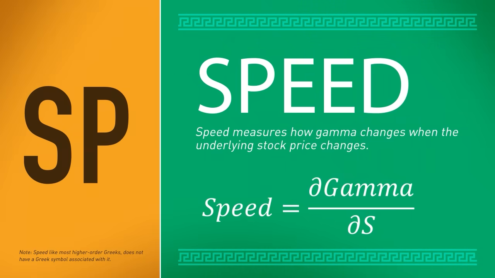It measures how gamma changes when the underlying stock price changes. So at this point, you are 3 layers deep. Price, price, and then price. Price once, that's delta. Price twice, that's gamma. Price thrice, that is speed. Okay, so there's the mathematical foundation.